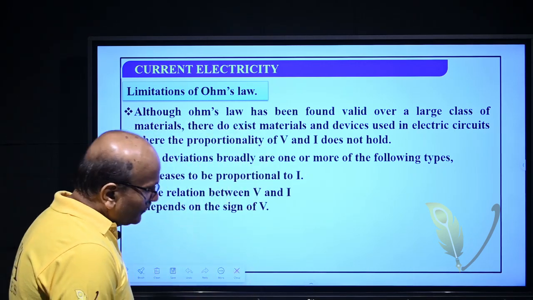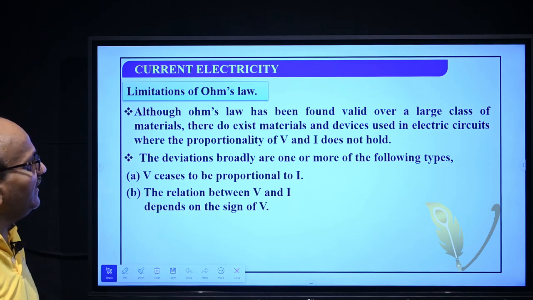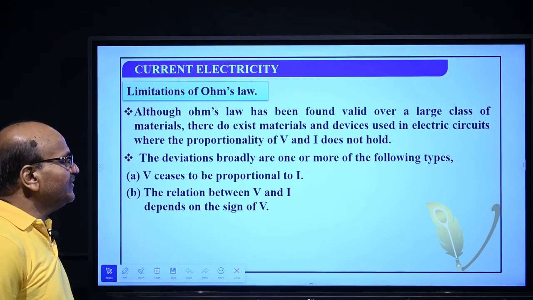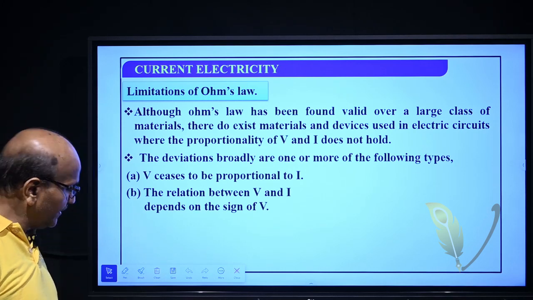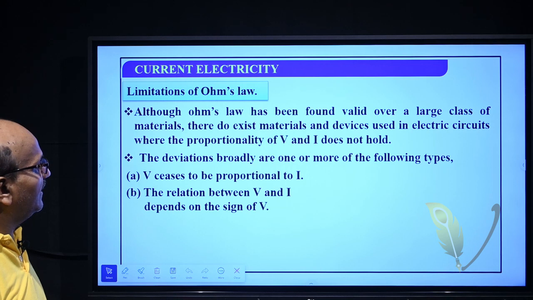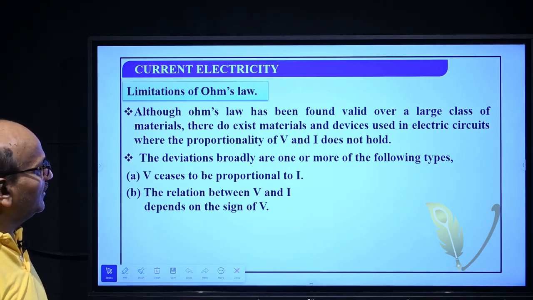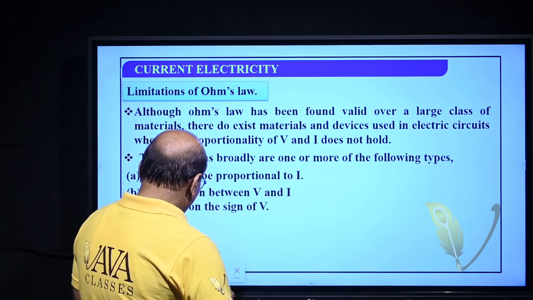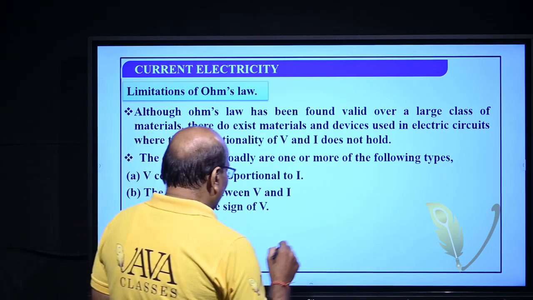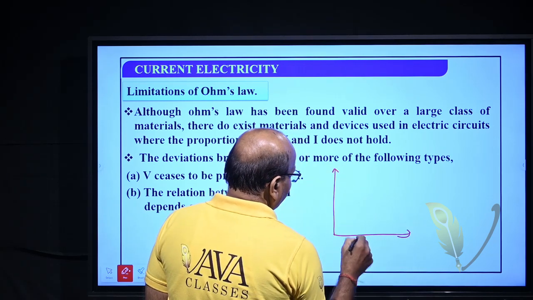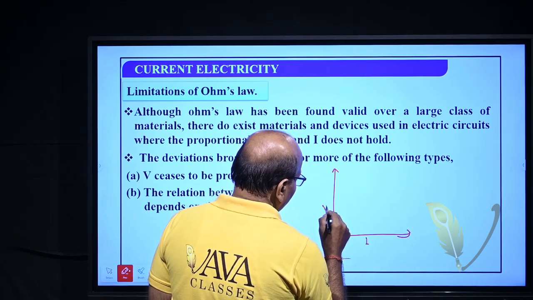Means Ohm's law is basically valid for ohmic conductors. A conductor in which current and voltage are directly proportional to each other is an ohmic conductor, and the VI graph of an ohmic conductor will be a straight line passing through the origin.